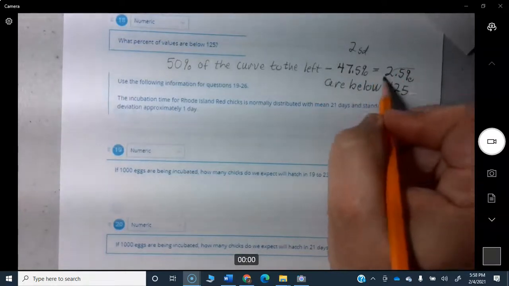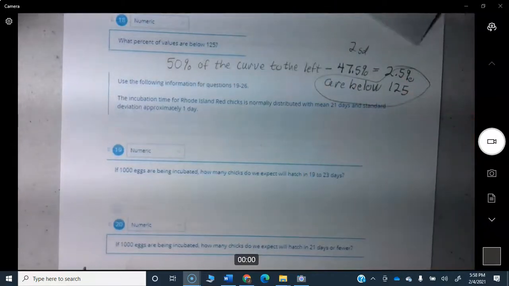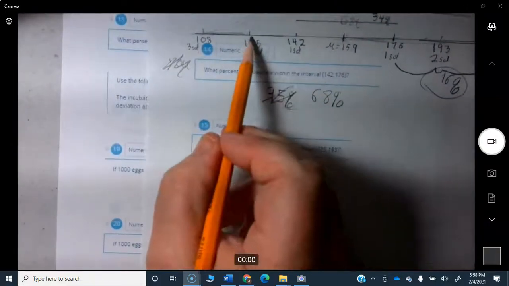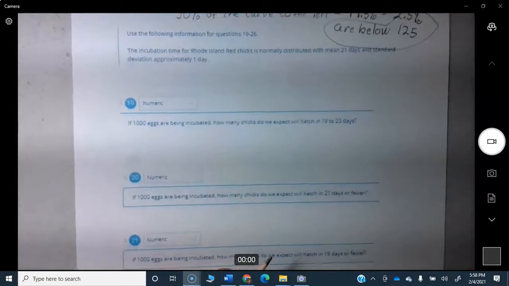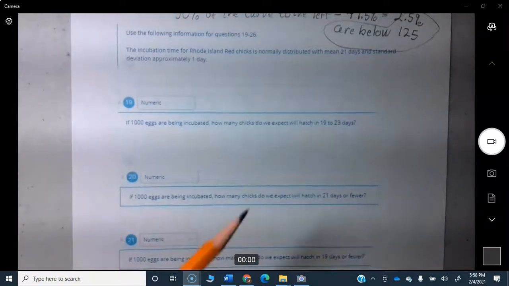So 2.5% of the scores, that's really the answer, are below 125, are from here down to there. Okay, let's keep going.